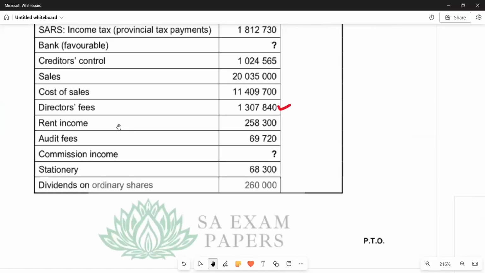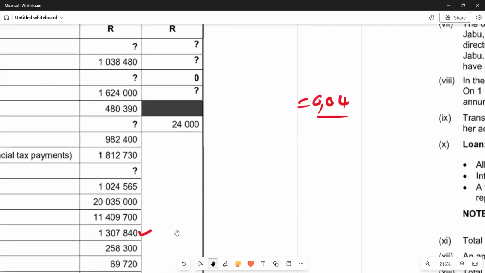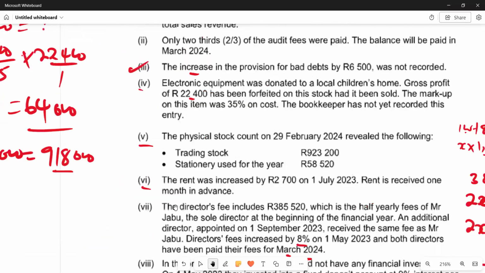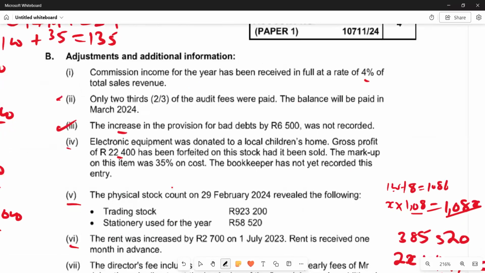So after that one, we have identified director's fees, and now we've got audit fees, 69,720. Then for audit fees again, we go there to check any adjustment that is explaining about audit fees. We go to item 2. 2/3 of the audit fees were paid.